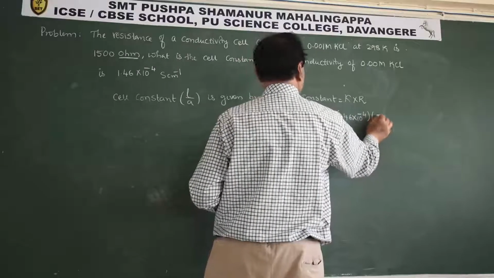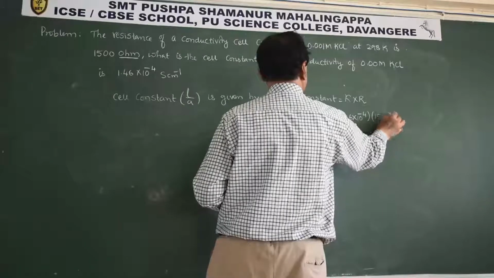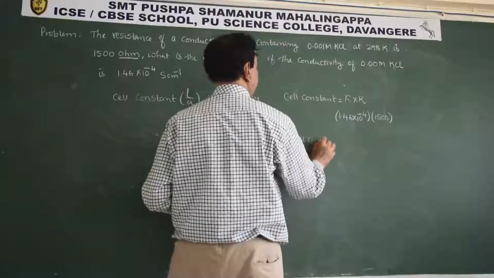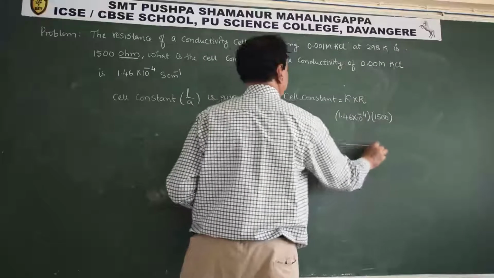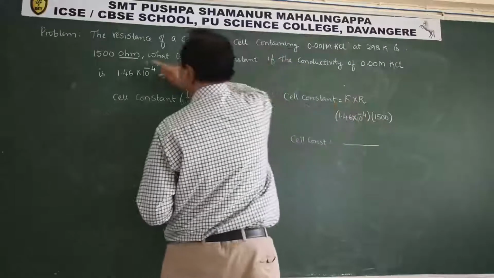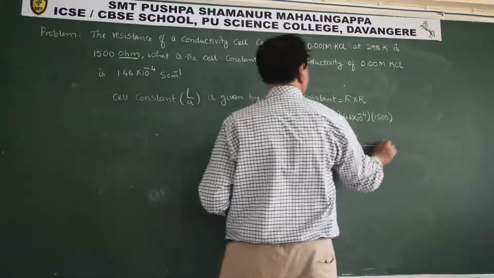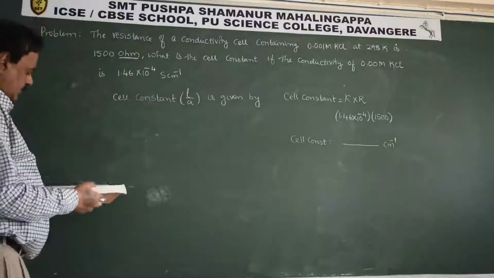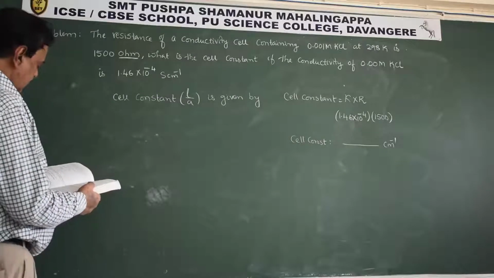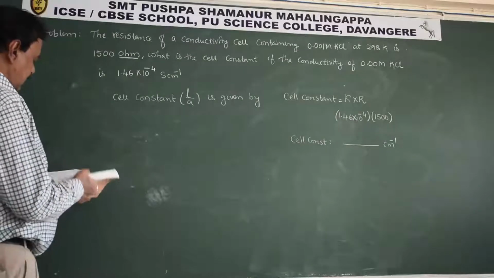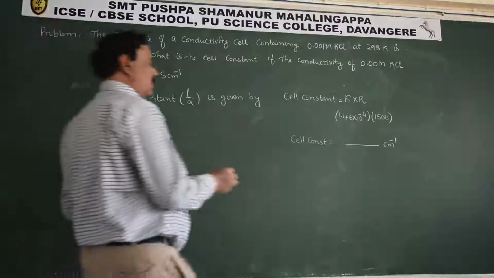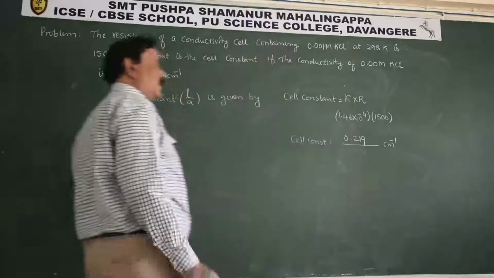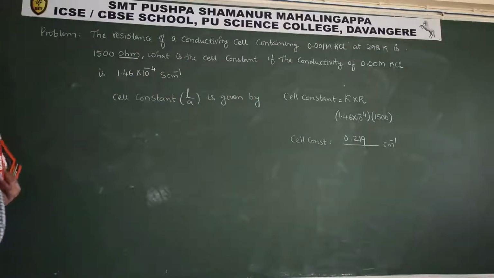Then the cell constant is the multiplication of these two values, in terms of per centimeter. That is 0.219 per centimeter. Is it clear?